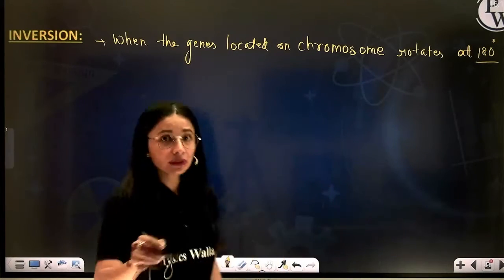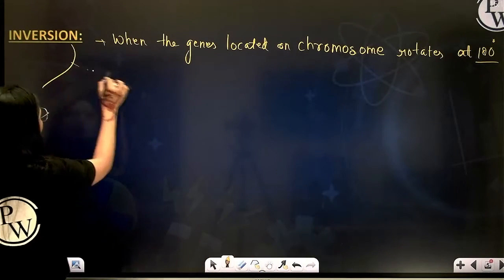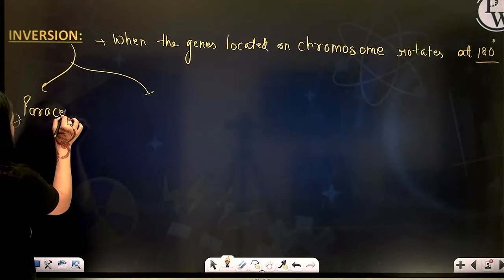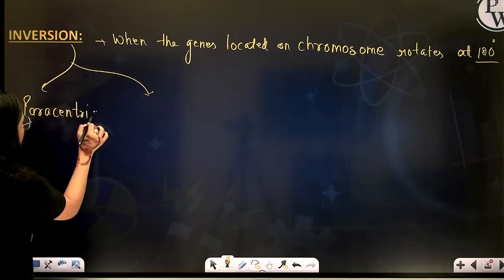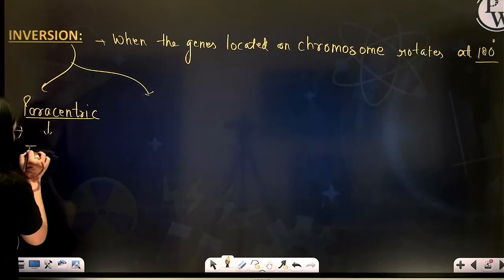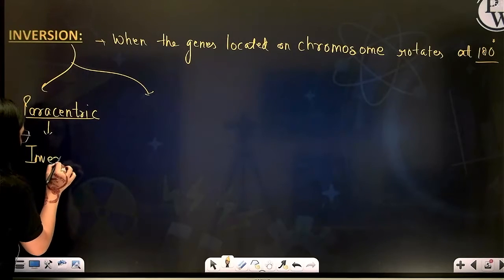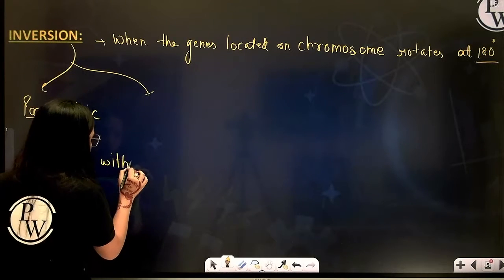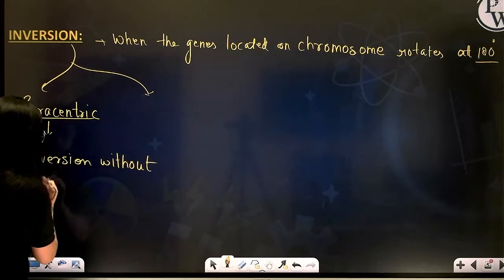There are two types of inversion. Paracentric inversion, I'll explain, but first let me write it. Inversion without involving centromere.